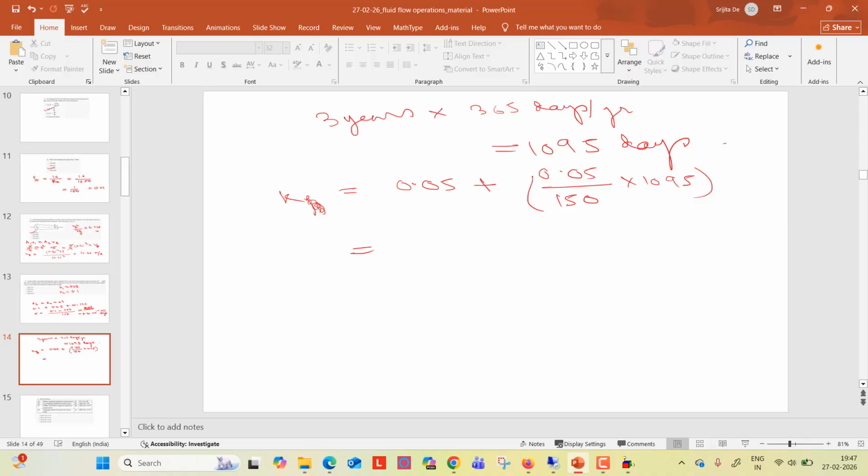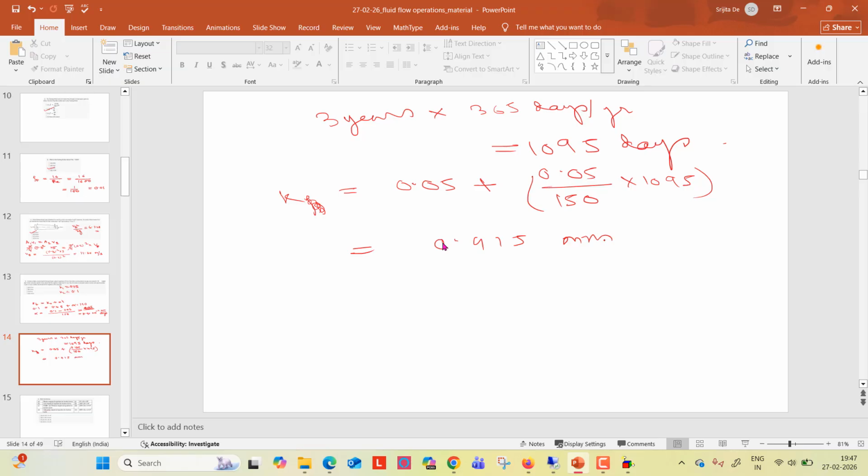How much is it coming? It is coming as 0.415 almost.